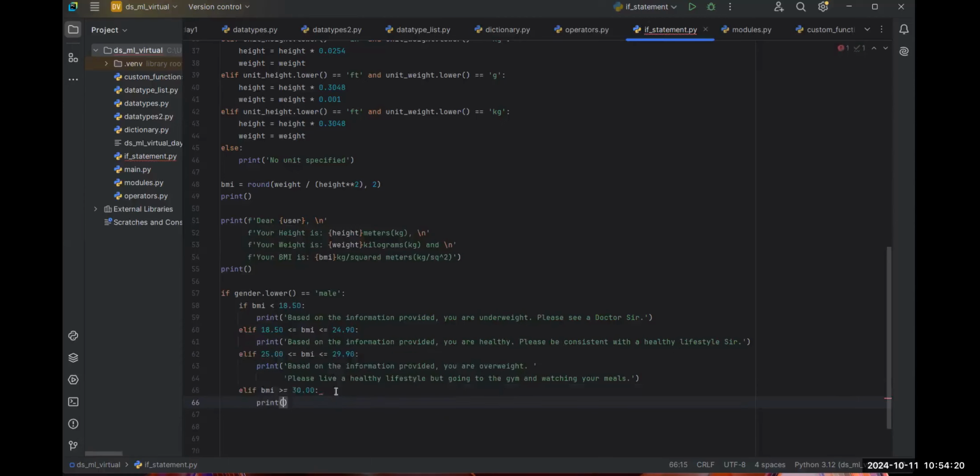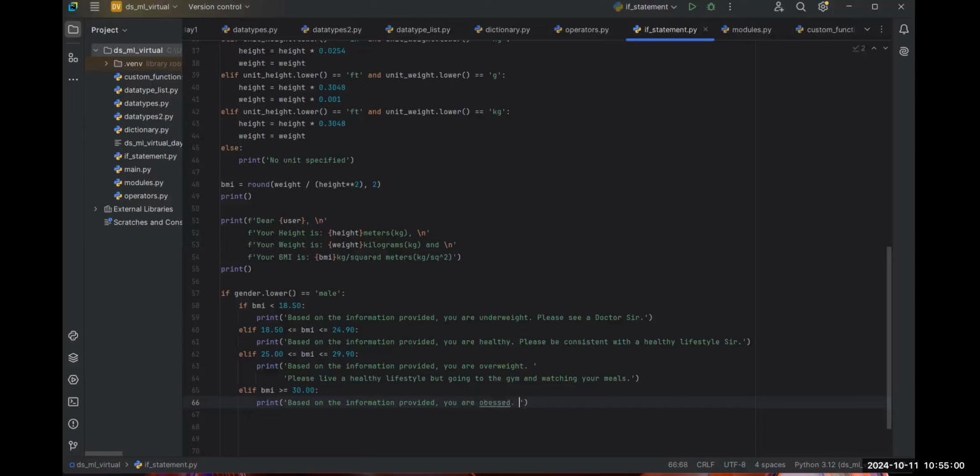Print for us: Based on the information provided, you are obese.